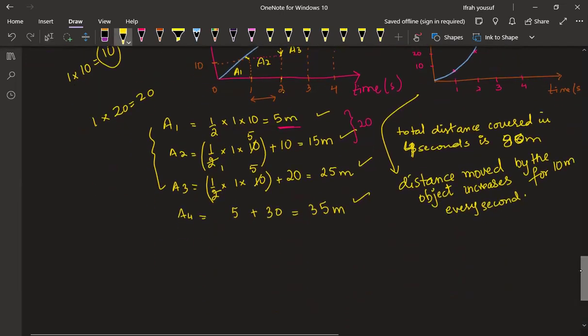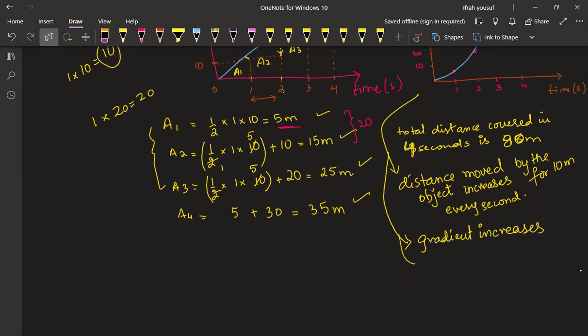So what we can say from this graph, the distance time graph, is that the gradient increases.